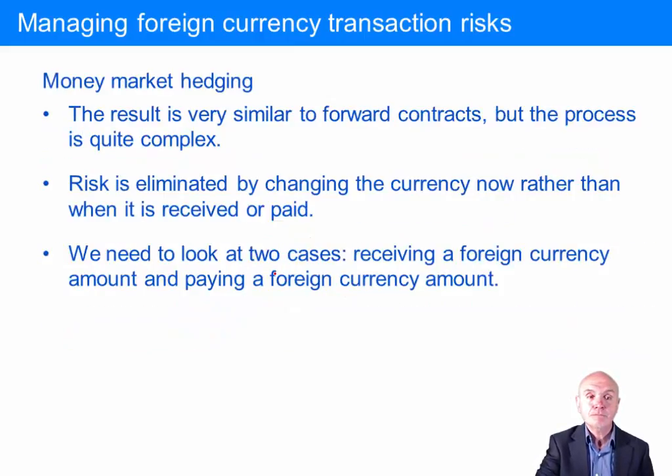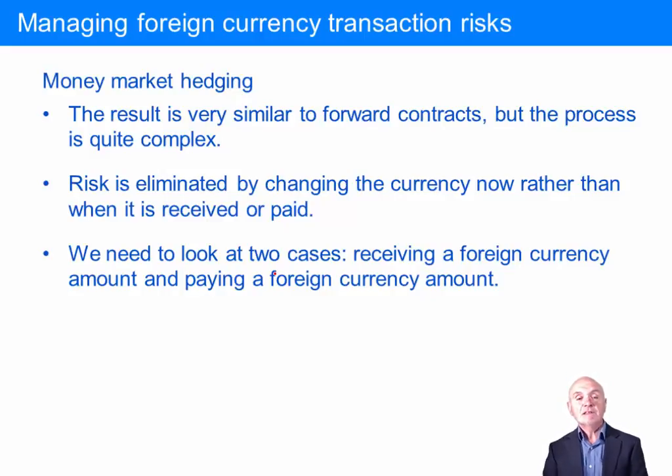Money market hedging. Money market hedging will produce very similar, indeed in theory identical results to the forward contracts. It is more complicated. It'll take you a little while just to follow through what's going on in here, but we'll take it slowly.